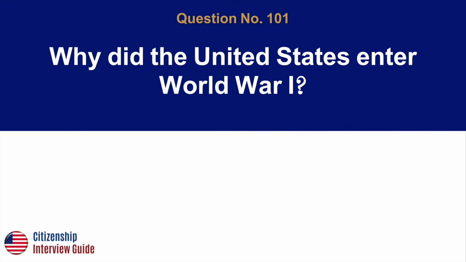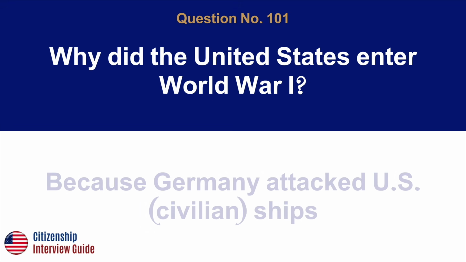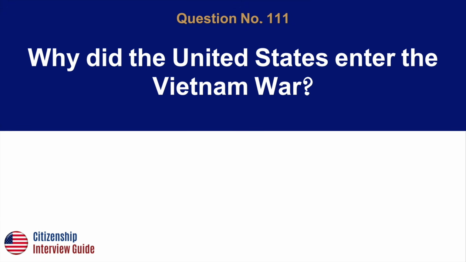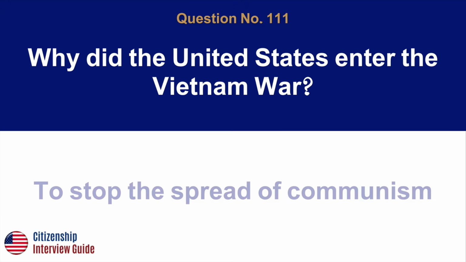Why did the United States enter World War I? Because Germany attacked U.S. civilian ships. Why did the United States enter the Vietnam War? To stop the spread of communism.